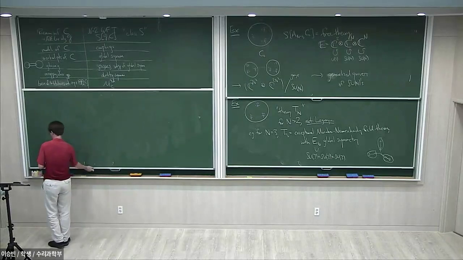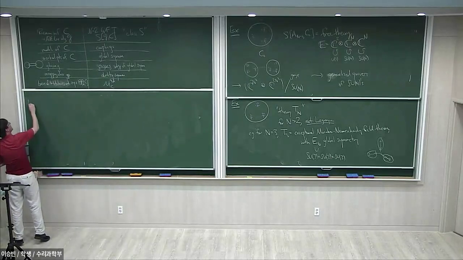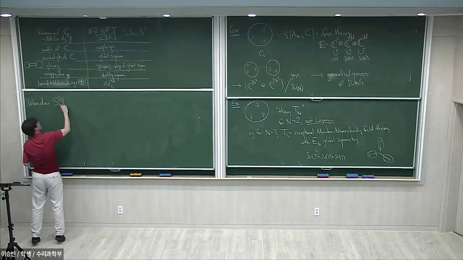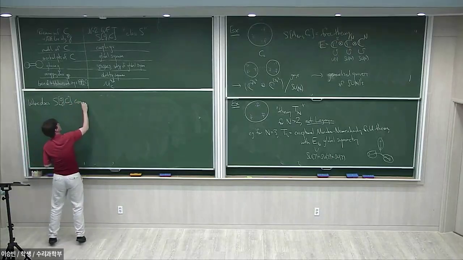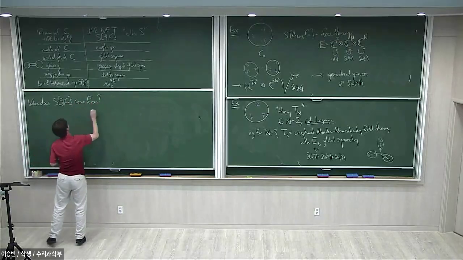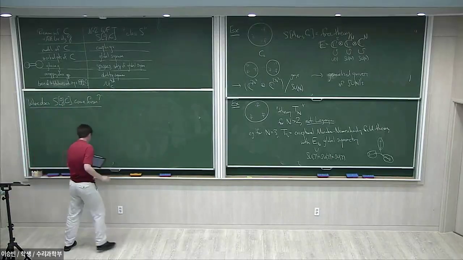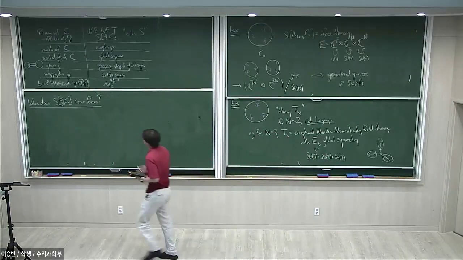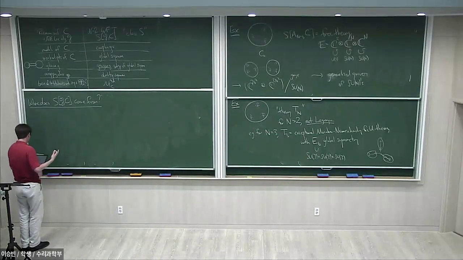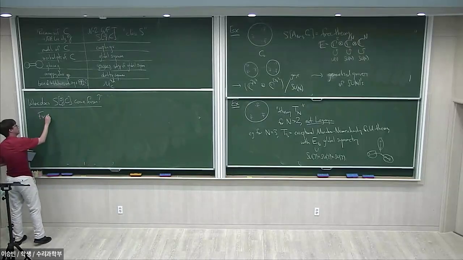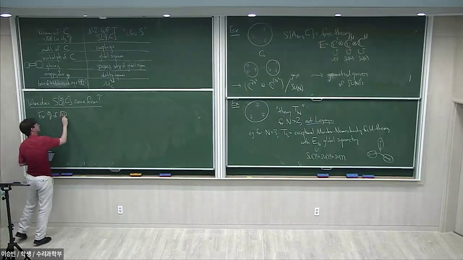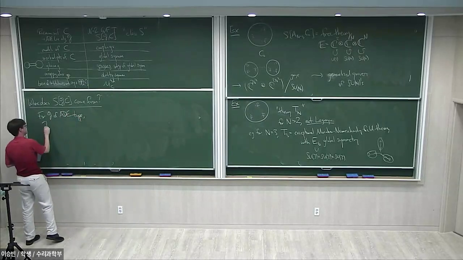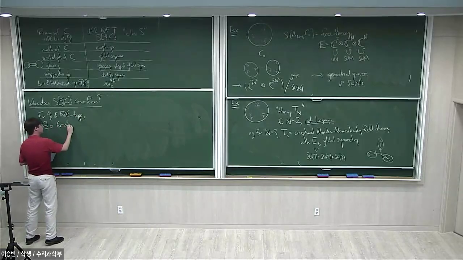So, the basic sort of miracle that physicists believe in is the following. It's that when you have a Lie algebra of ADE type, there exists a six-dimensional quantum field theory.